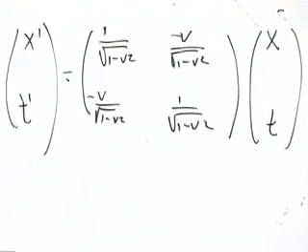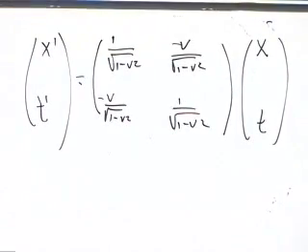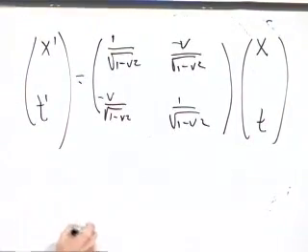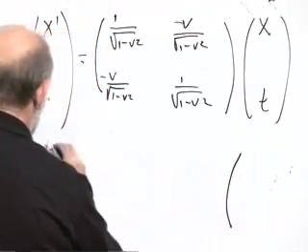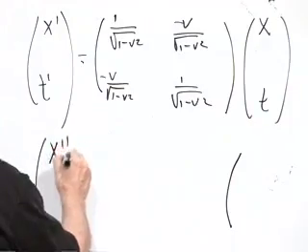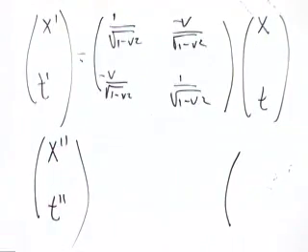Now, there's a second transformation which takes from my coordinates to his coordinates. And that transformation has the form, let's call it x double prime and t double prime. That's his coordinates.